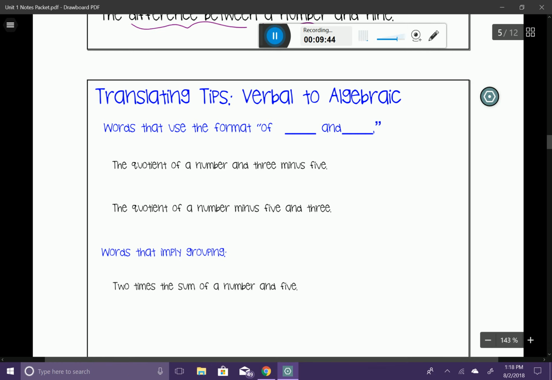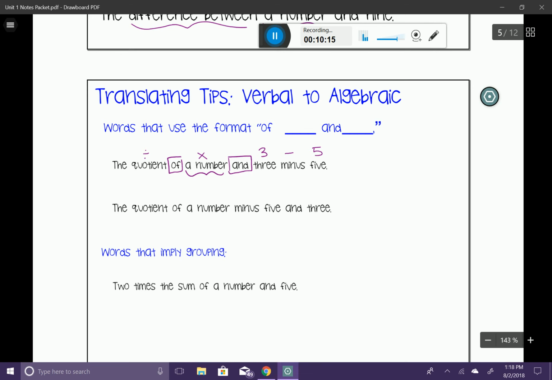The first one, the quotient. I'm going to use my division symbol. So the quotient of a number, that's x, and 3 minus 5. Now, you can see what I left out here. I left out those two words, and we talked about this earlier, of and and. I'm just going to put a little box around them because I can see that this is going to help me translate the problem.